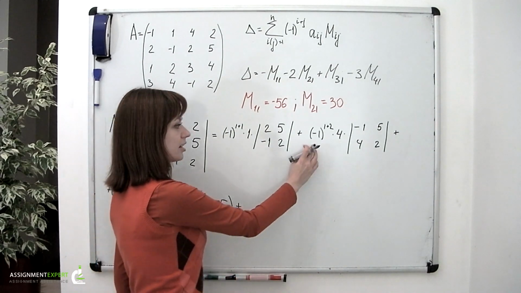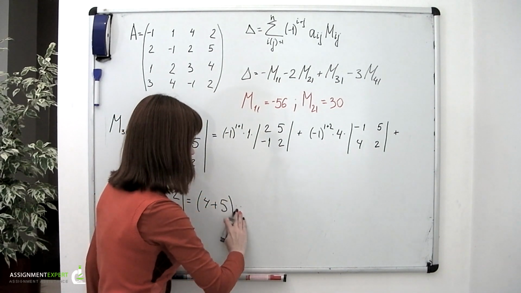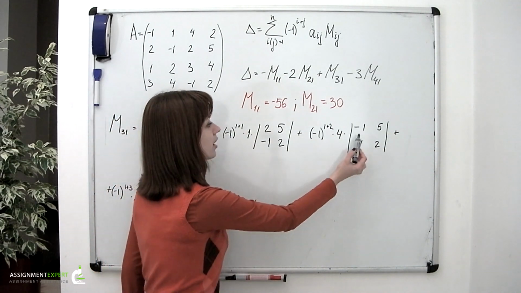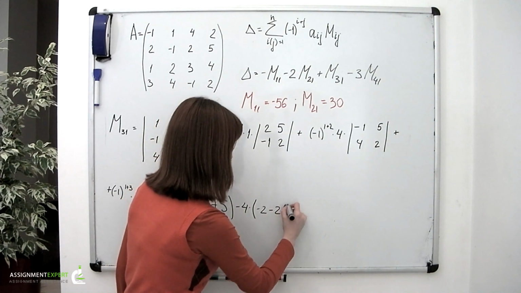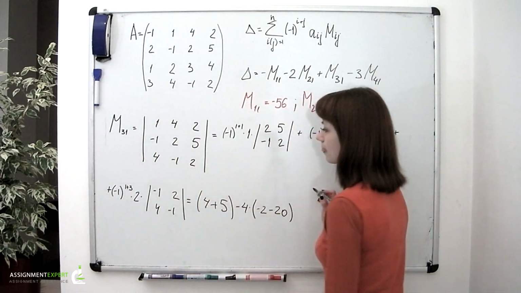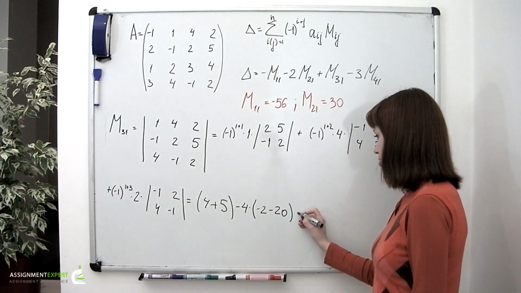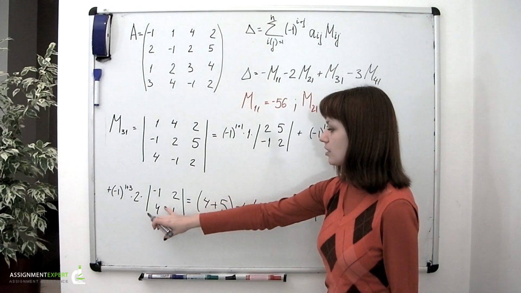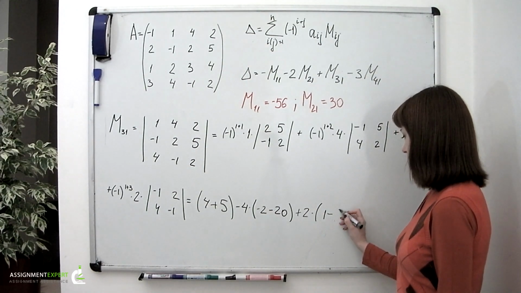Then, negative 1 to the third is negative 1 times 4 gives us negative 4, which goes multiplied by negative 2 minus 20. And then, negative 1 to the fourth is 1, goes multiplied by 2, so we have plus 2, which is multiplied by negative 1 times negative 1, which is 1, minus 8.